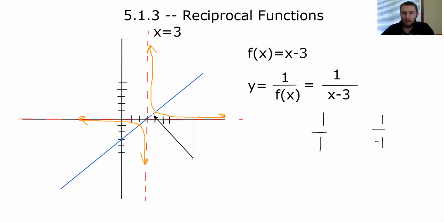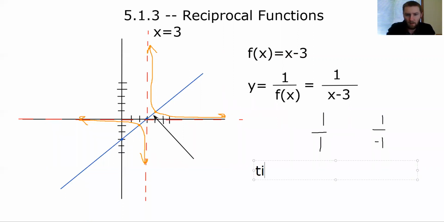So as my original function is getting smaller, my reciprocal function is actually getting bigger, because 1 over a very, very small number actually gets very, very big. And that's going to be really important for us to keep in mind as we go here.